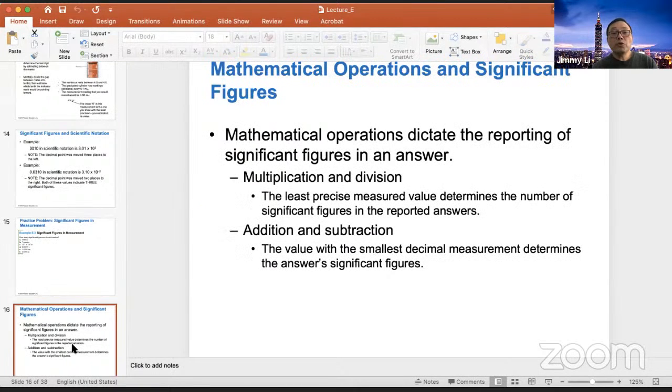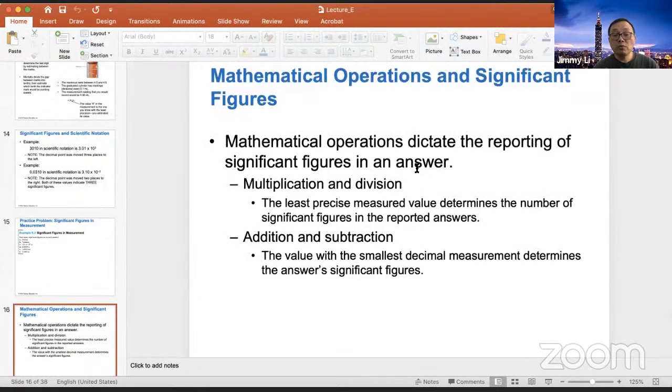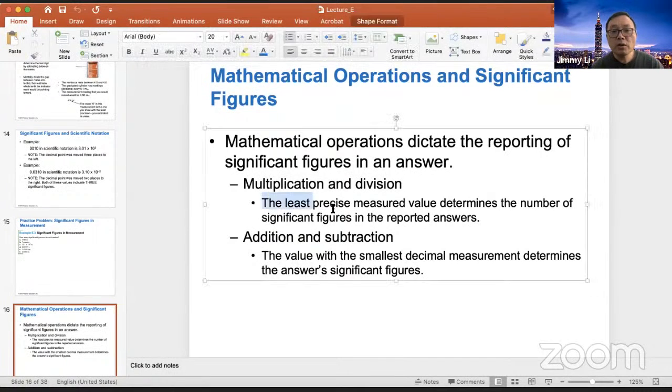How about when we do mathematical operations? We're going to separate that into 2 different rules here: one rule for multiplication and division, one rule for addition and subtraction. When you do multiplication and division, the least precise measured value determines the number of significant figures in the reported answer.